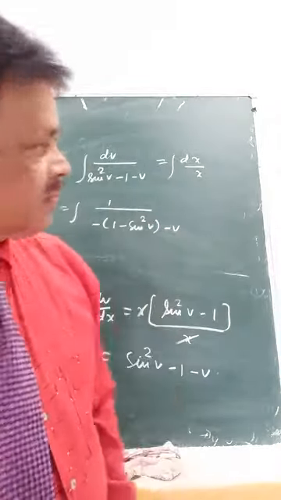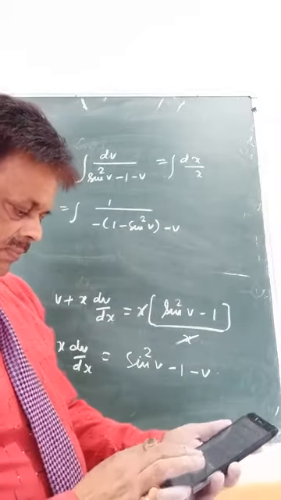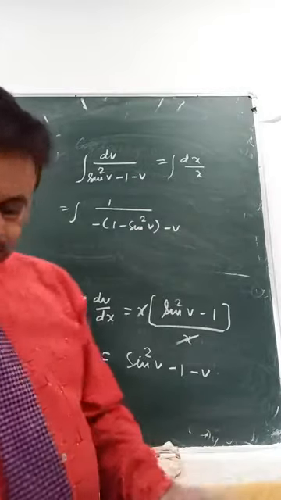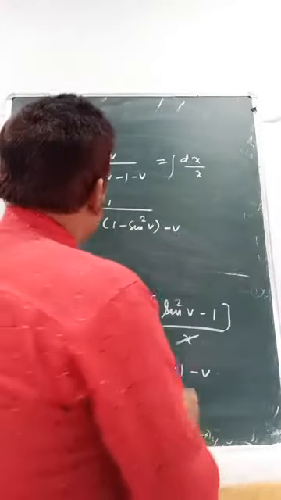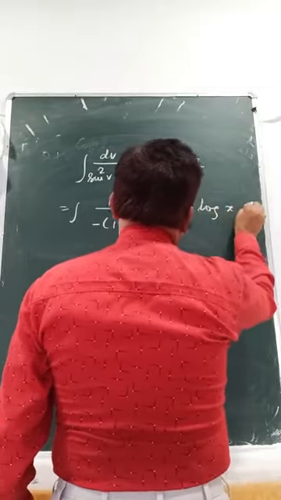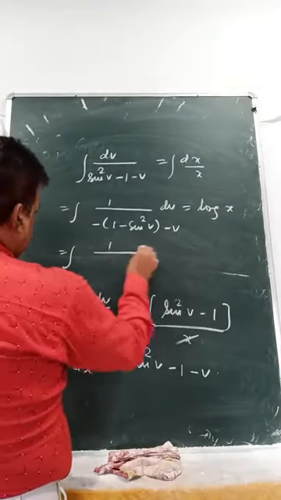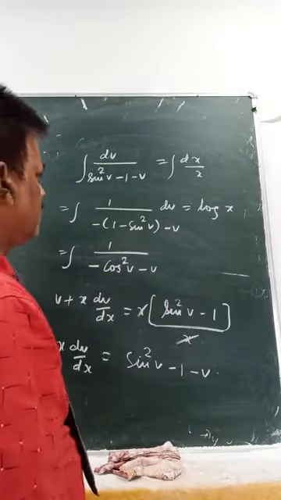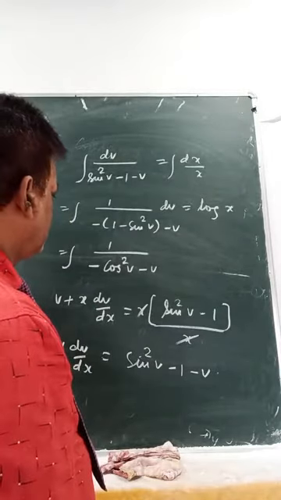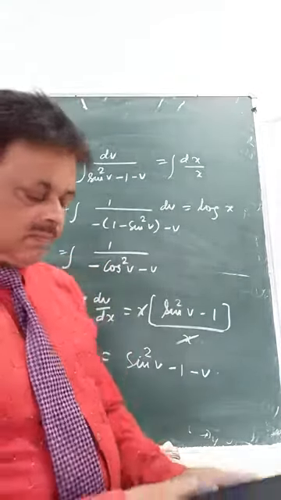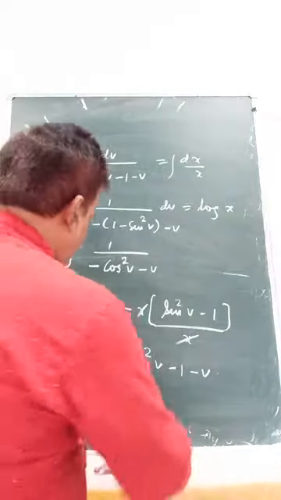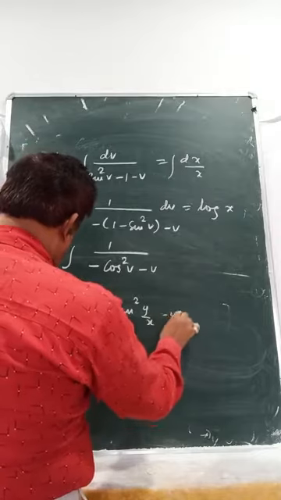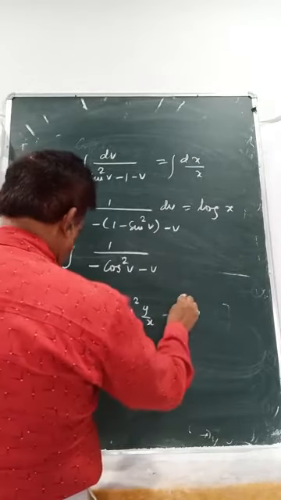Let us check the question again, whether it is correct or not. x sin square y by x minus y dx.